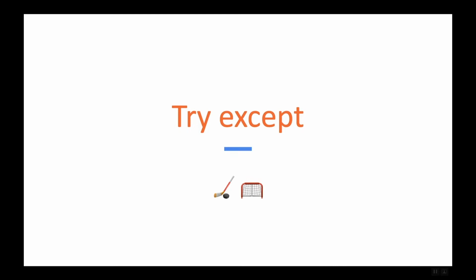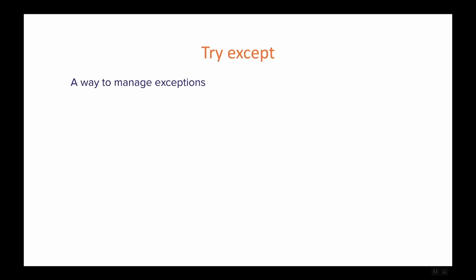All right, so the main mechanism with which we can manage exceptions when they occur is with the try except block. Okay, so this is a way to manage exceptions. So here is where we would generate an exception, right? We have our fruit banana, and if we try to convert that variable into an integer, then we will get an exception, and our program would crash.